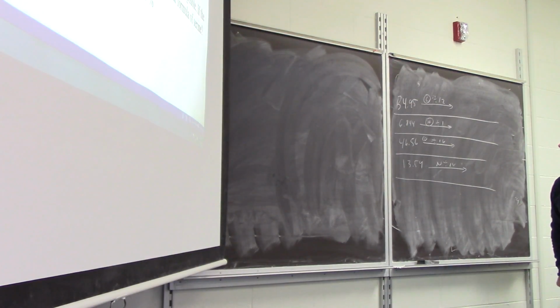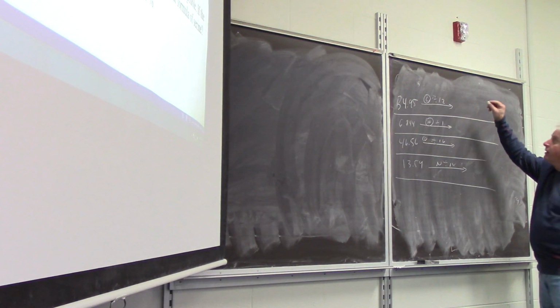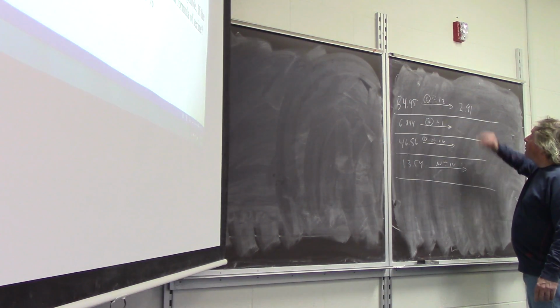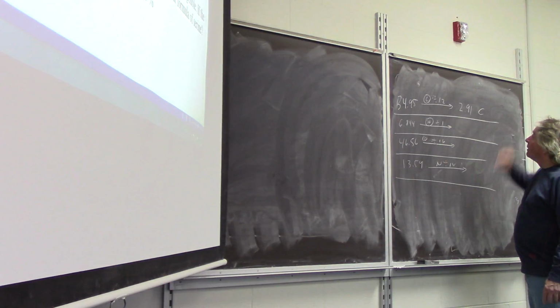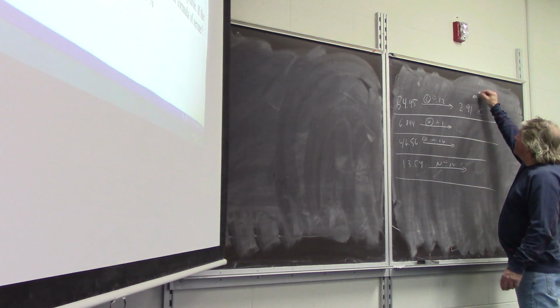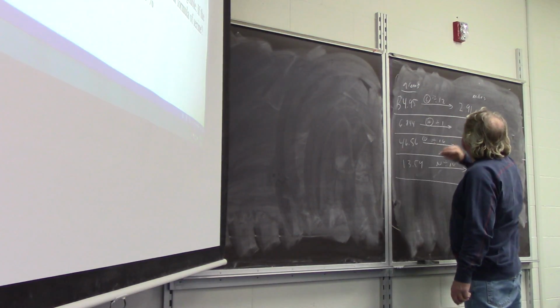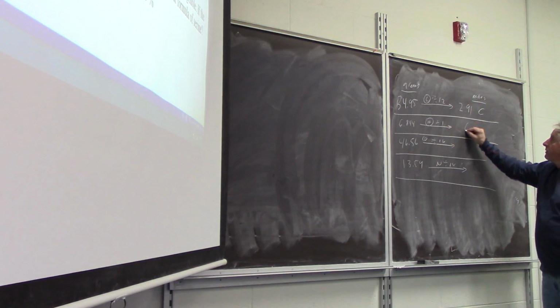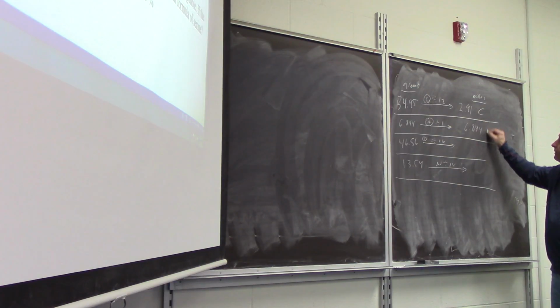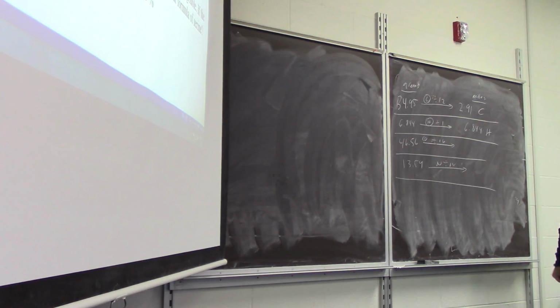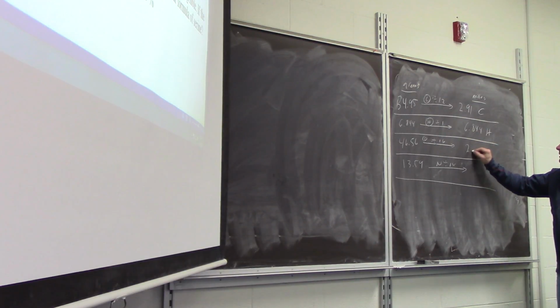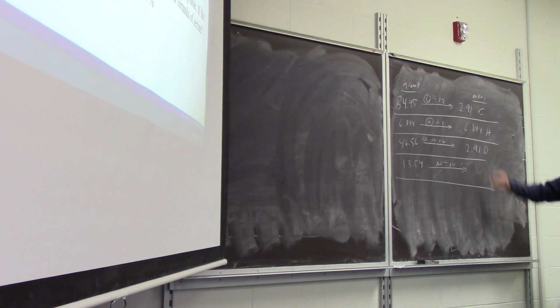All right. 34.95 divided by 12 is almost 2.91. 2.91 moles of carbon. So these are moles, these are grams. This is 6.844 hydrogens. 46.46 divided by 16 is 2.91. 2.91, that's helpful.